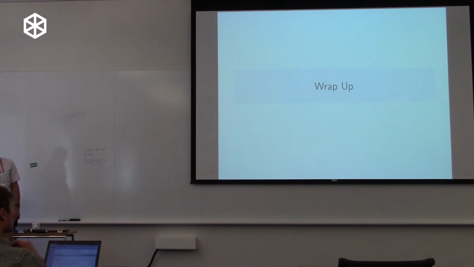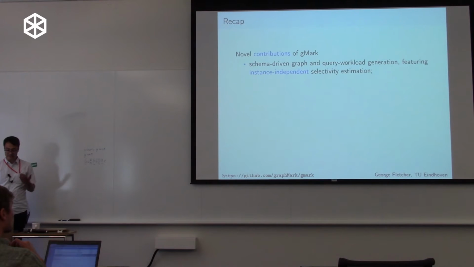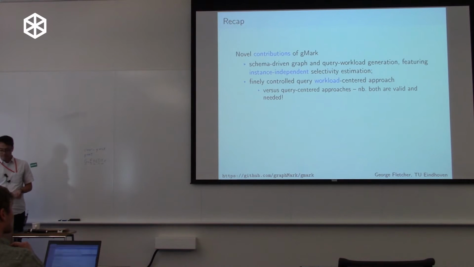Okay, so just to wrap up, our novel contributions to reemphasize. gMark is about schema-driven graph and query workload generation. One of the special features is instance-independent reasoning about the difficulty of query evaluation. One of the hallmarks of gMark is that we support fine control of query workloads.